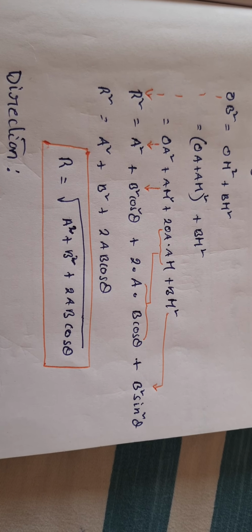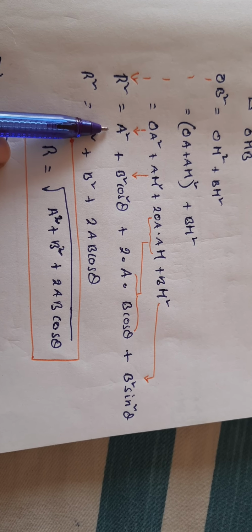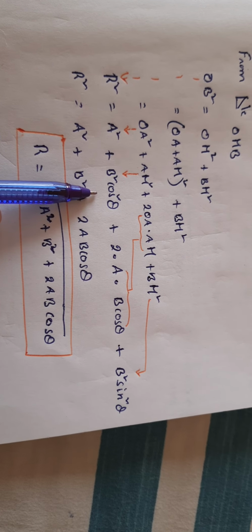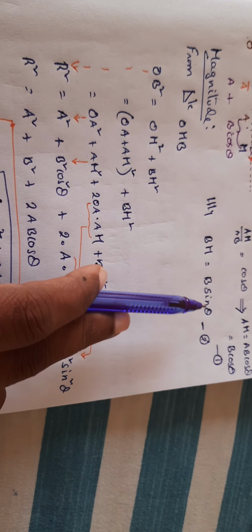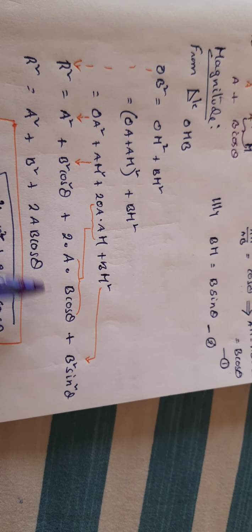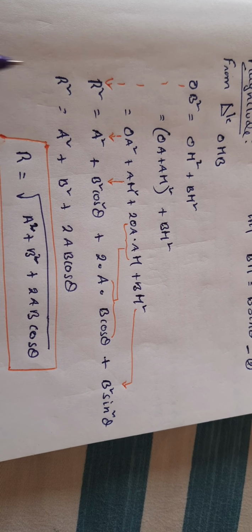You can look at the simplification format, right? So, in place of OA, we are substituting A. In place of AM, we got it to be B cos theta already, right? And BM, we got it to be B sin theta. So, substituting all the respective values, you got R square.